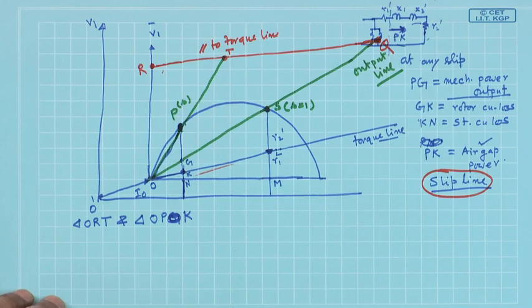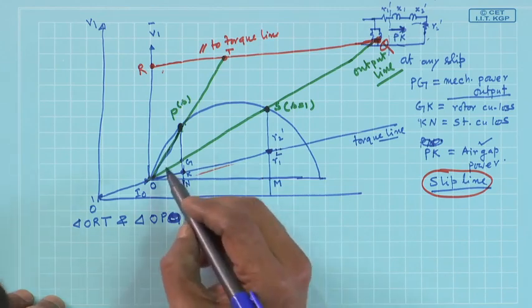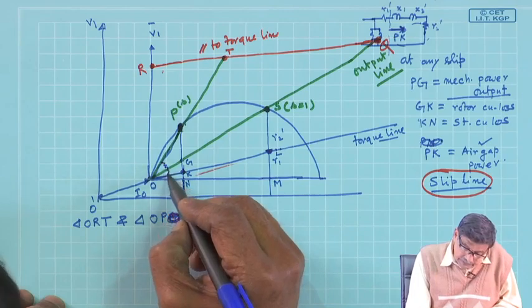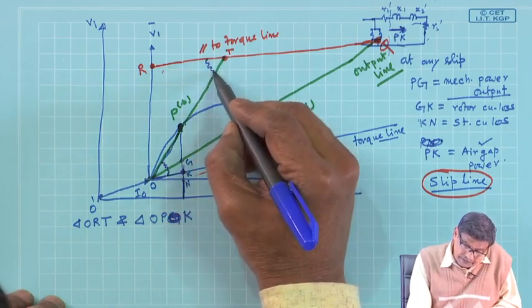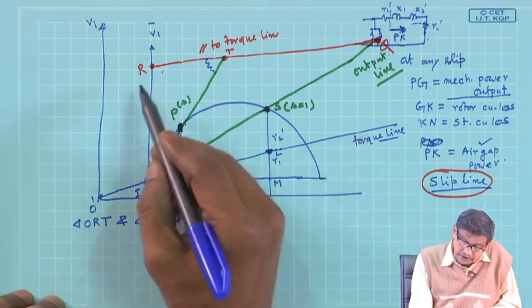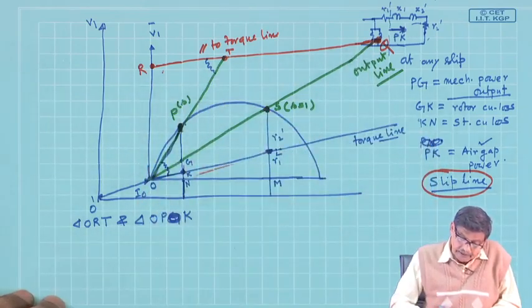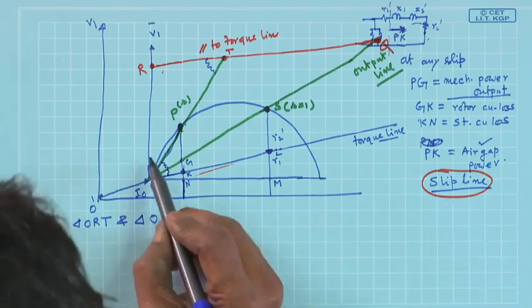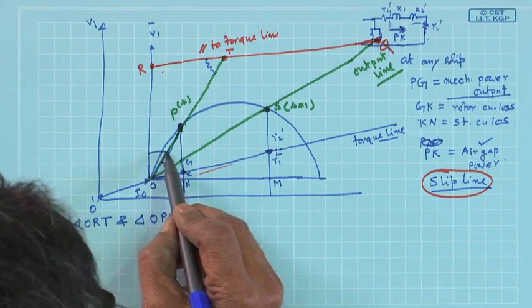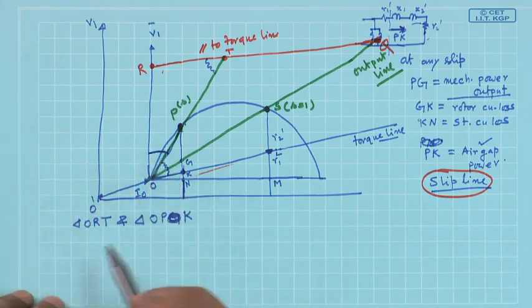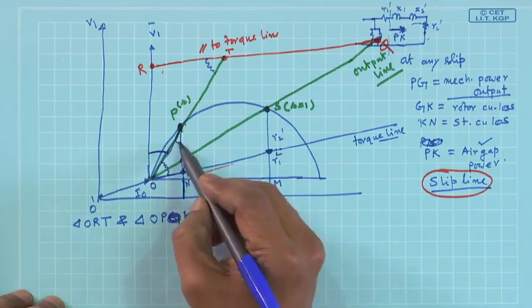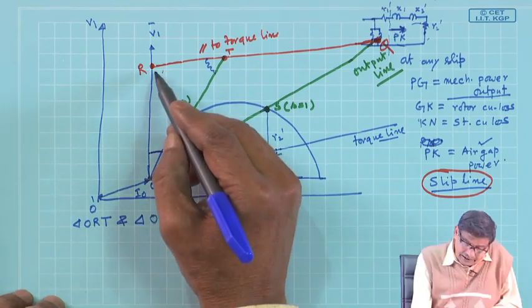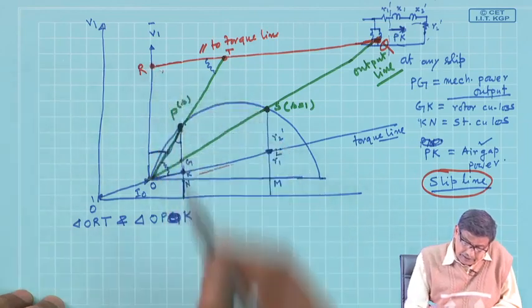Why? Because this angle must be equal to this angle. This is parallel to the torque line, is not? And also this angle of this big triangle is equal to this angle, and the third angle, this and this will be parallel.